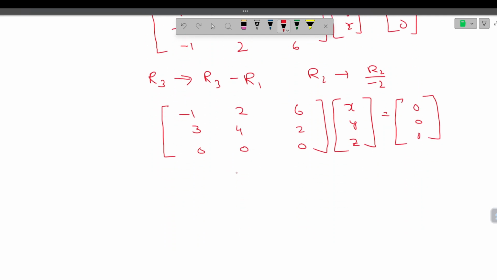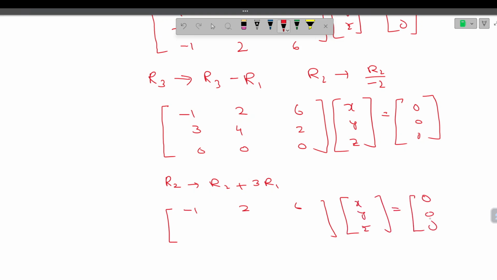Okay. Now what I am doing is R2 implies R2 plus 3R1. So R1 as it is, we are not doing anything to R1, and R3 as it is, we are not doing anything to R3.